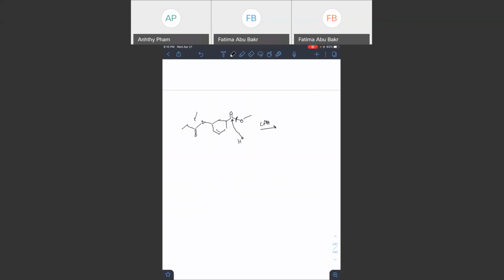And from this side, the H is going to attack here and cut this off. So what we end up with is, I'm going to draw it right below to make it more clear, this on one side and this on the other side. And that's what creates the asymmetry there, because we cut it off. And then we'll also have an additional OH here and an additional OH here from the parts that got cut off. Okay. And I think that's it that I wanted to talk about in terms of that kind of stuff.